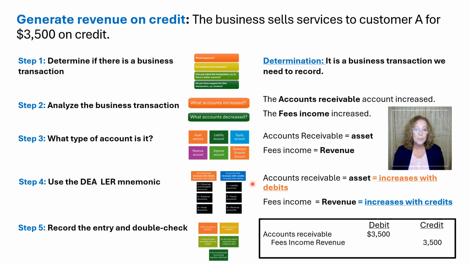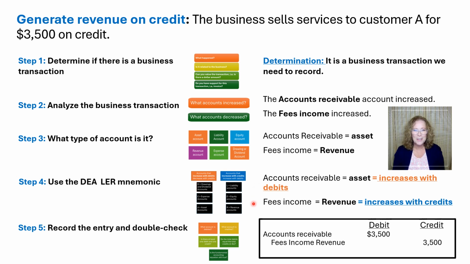So we need to debit the accounts receivable. What about the second part of our transaction? Fees income is classified as revenue, and the revenue increased. So our mnemonic tells us that these type of accounts increase with credits. So we need to credit revenue. And there you have it. Debit accounts receivable and credit fees income.